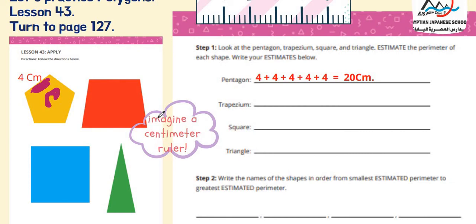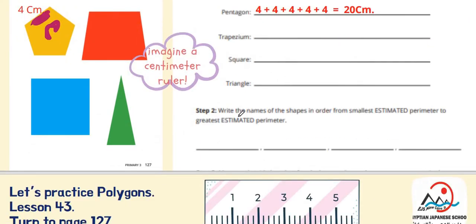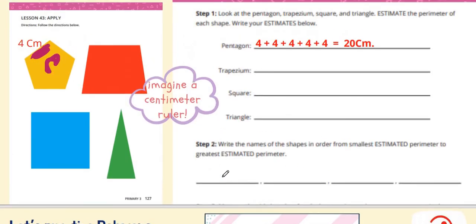Okay, you will repeat this step for trapezium, square, and triangle, and then write the names of the shapes in order from smallest estimated perimeter to greatest estimated perimeter. Okay, from smallest to greatest.